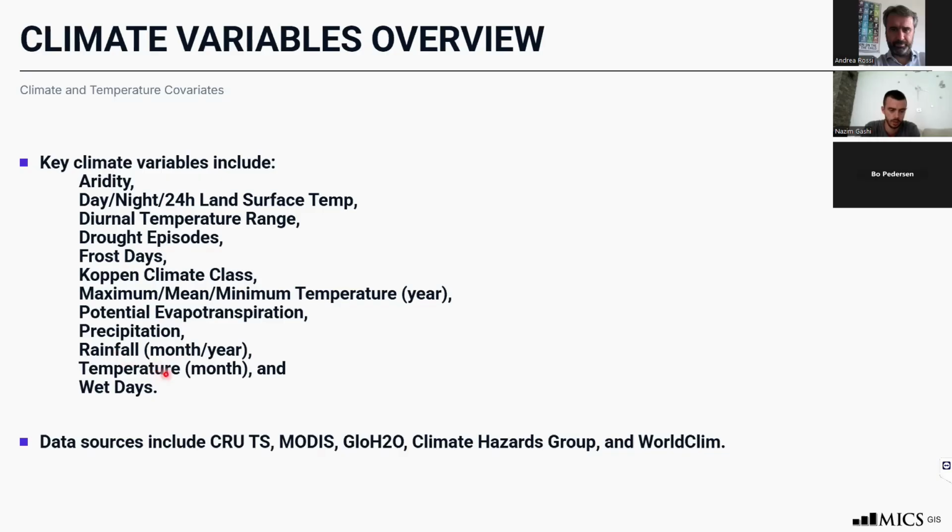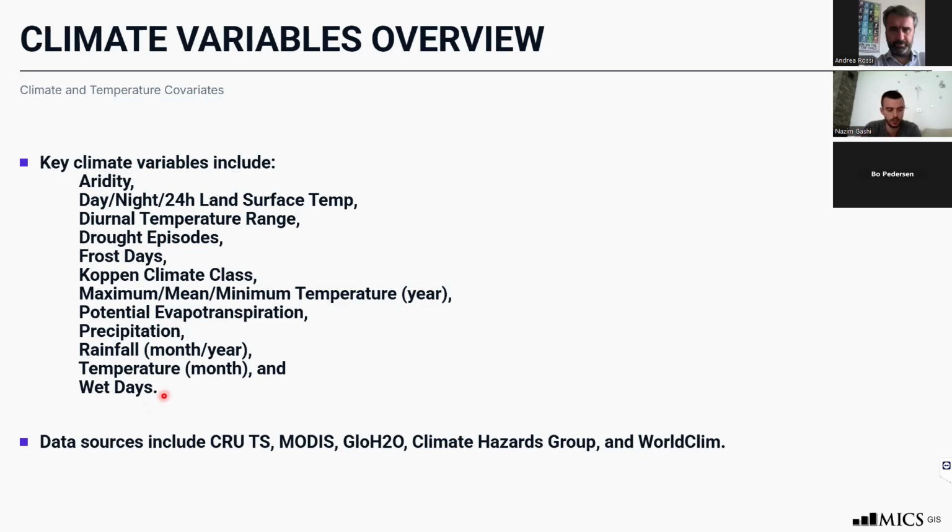Then for the temperature, I already mentioned. So we have the monthly average for the data coming from 1970 to 2000. So it is the monthly average for each specific month. And then the number of wet days, so the number of wet days for a specific month.